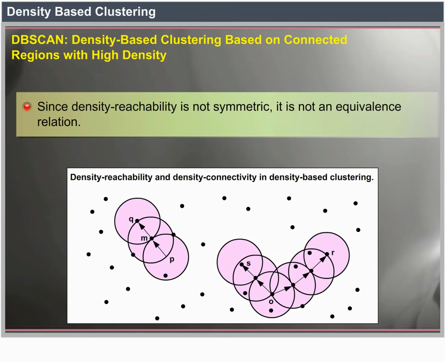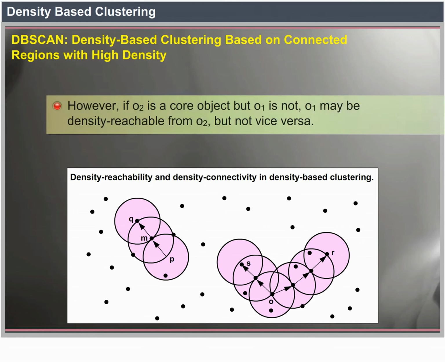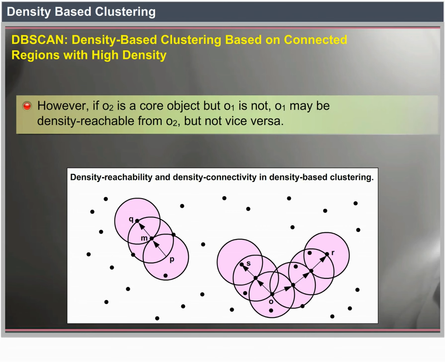Note that density reachability is not an equivalence relation because it is not symmetric. If both O1 and O2 are core objects and O1 is density reachable from O2, then O2 is density reachable from O1. However, if O2 is a core object but O1 is not, then O1 may be density reachable from O2, but not vice versa.